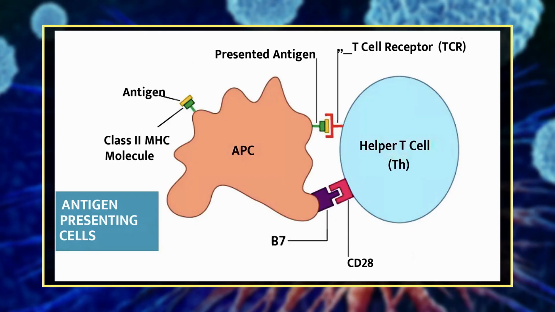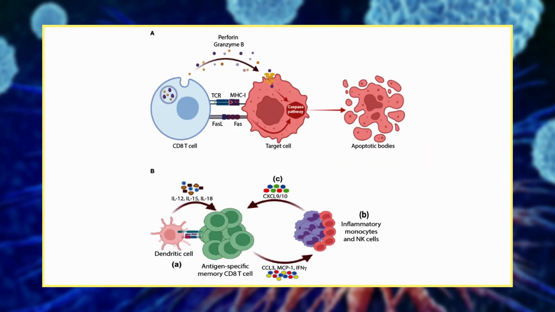CMI is initiated when antigen presenting cells, or the APCs, display antigens via MHC molecules to naive T cells, triggering the proliferation and differentiation.